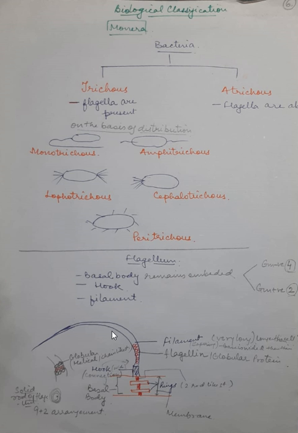Now, inside this filament, the internal structure has a protein that is flagellin, and this is a globular protein. If we cut a transverse section of this, we can see that they are arranged in a helical manner.